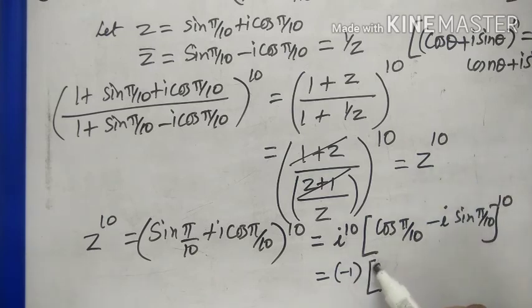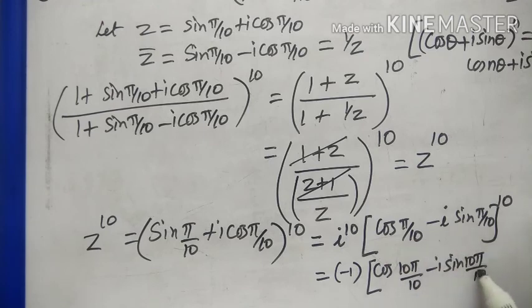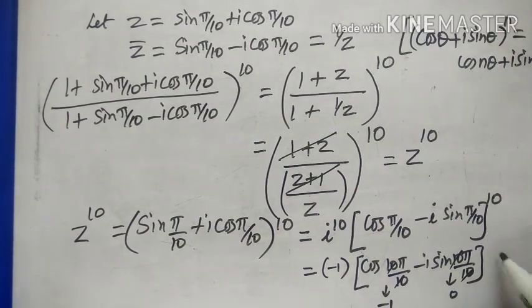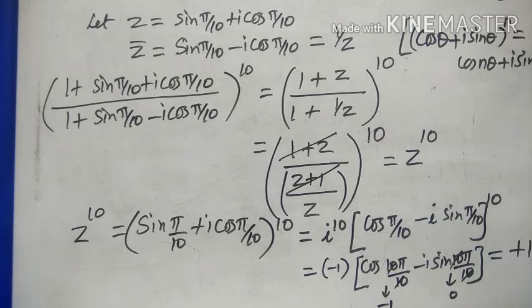And bringing the power inside, it is cos 10 pi by 10 minus i sin 10 pi by 10. 10 and 10 get cancelled. Sin pi is 0, whereas cos pi is minus 1. So minus 1 into minus 1, my answer will be plus 1. So for the given problem, the answer is plus 1.